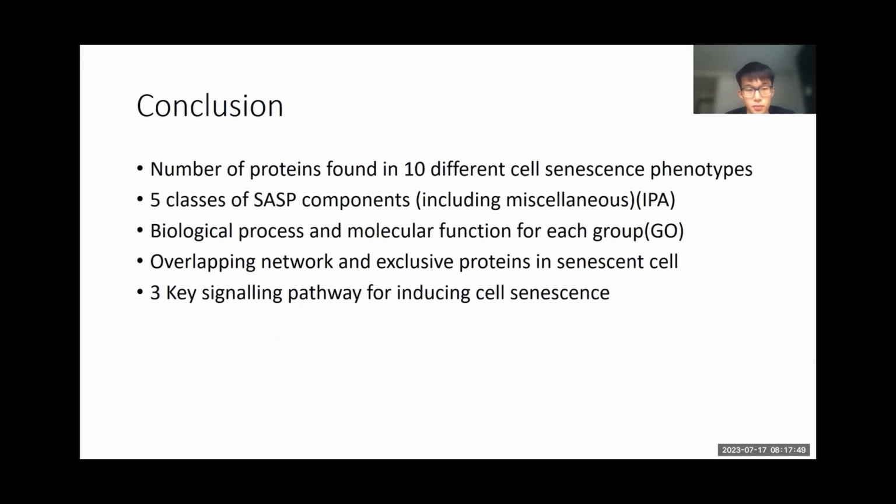By using GeoAnalyze, we can know the biological process and molecular function of each group in those 5 classes. They also identified and showed the overlapping networks and those 11 exclusive proteins found in the senescent cell. And they point out that those proteins can be involved in 3 different pathways for inducing cell senescence.